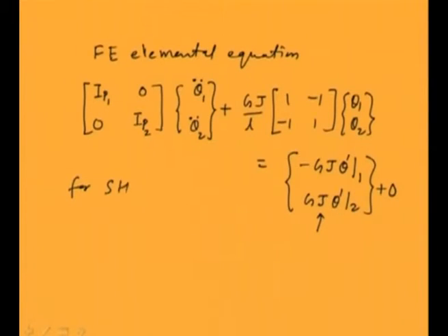For simple harmonic motion we can write theta double dot as this with minus. So if we substitute in this equation we will get this form of the equation.